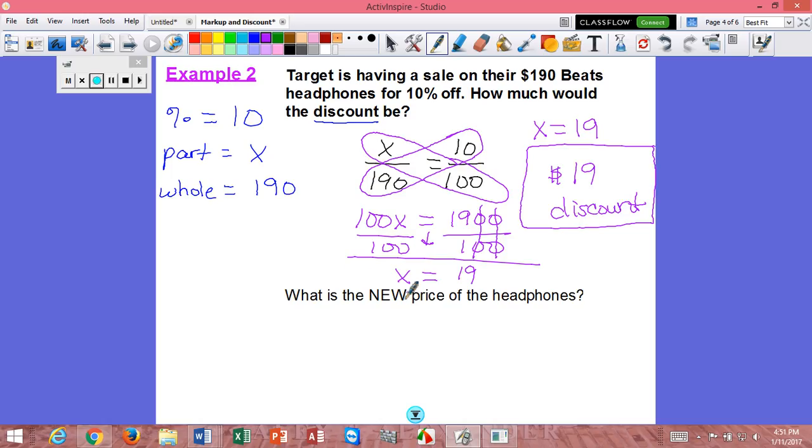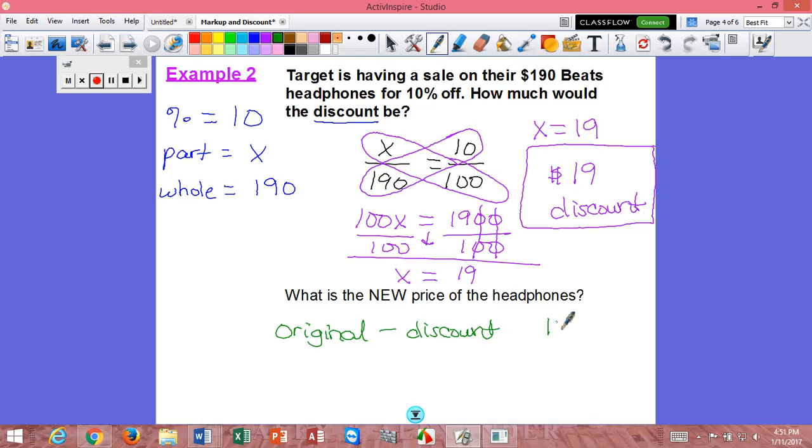Now we want to know what is the new price of the headphones. So let's predict our answer. We know that a discount decreases the cost, so we can expect this final answer to be less than the original price. So I want to take the original price and I want to subtract that discount.